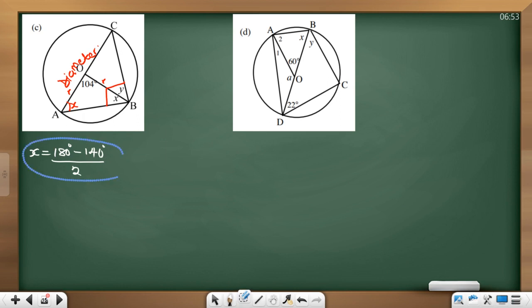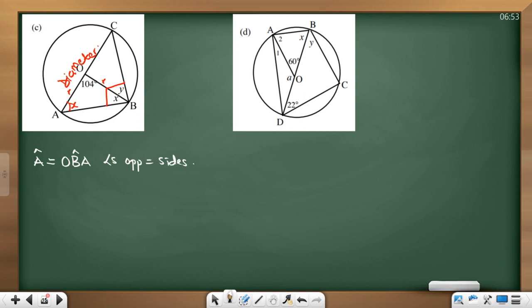Sorry, let's start with this. Angle A is equal to angle OBA. Angles that are opposite equal sides.